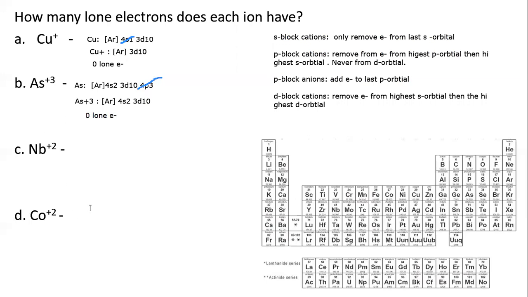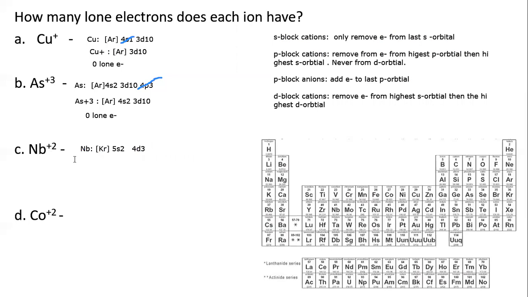Next we get to niobium, and niobium is located on the 5th row. If we write the electron configuration of niobium, we get krypton 5s2 4d3. Now again, with transition metals, we have to remove from the highest energy orbital first, which will be the 5s in this case.